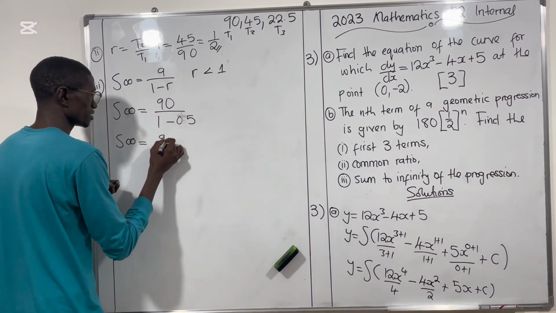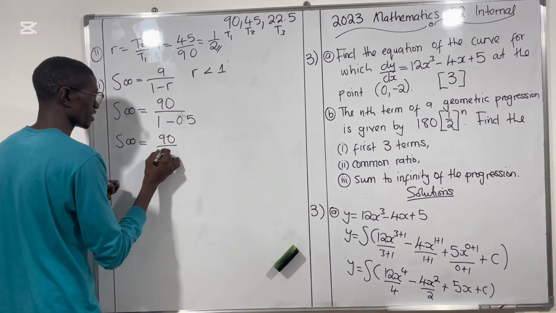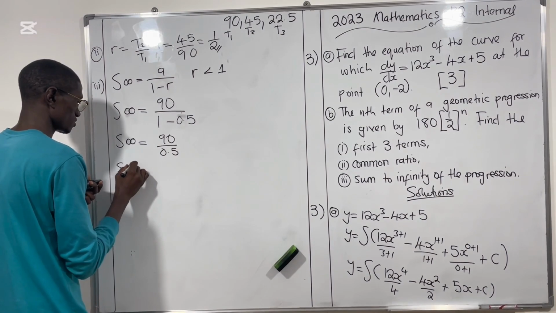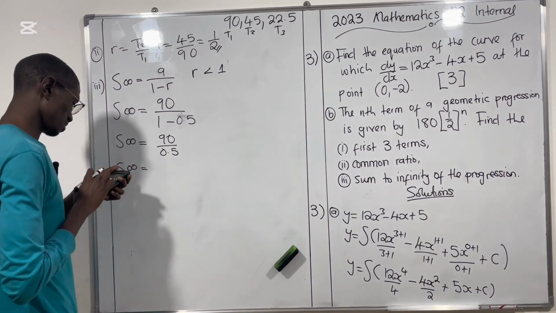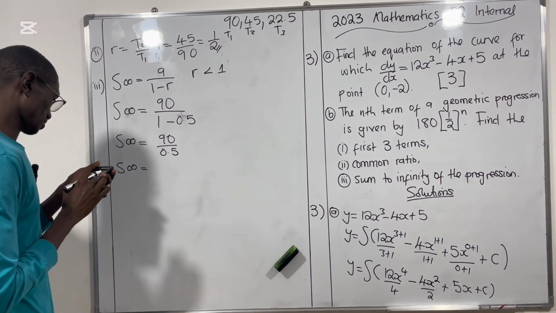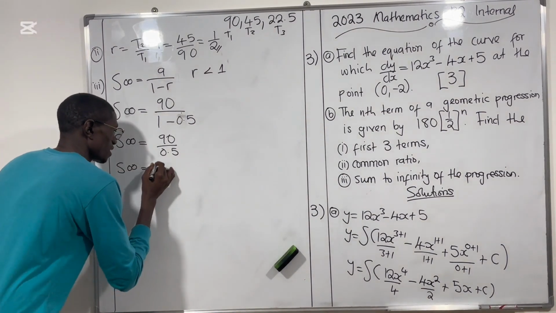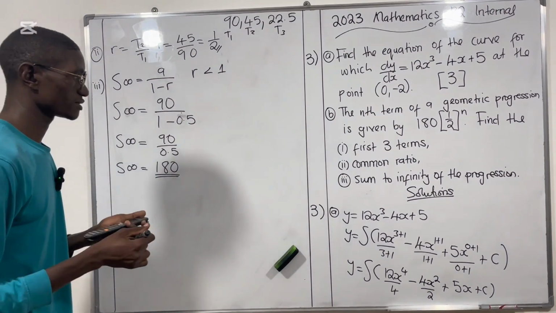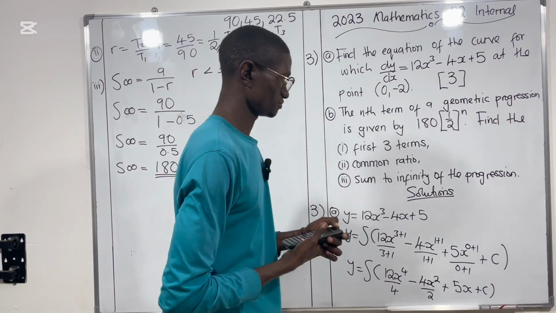Okay, so 90 over 1 minus 0.5 is 0.5. So you can simply say sum to infinity is going to be 90 divided by 0.5, and it gives me 180. So that is our final answer, and you are done.